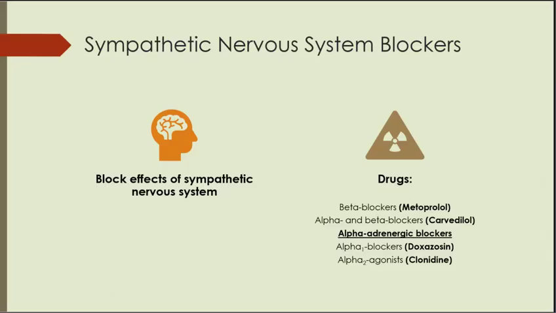These agents cause hypotension, and toxicity is more likely in older adults. Beta blockers like metoprolol and alpha beta blockers like carvedilol will be discussed in other sections, where medications affecting the sympathetic or autonomic nervous system are covered.